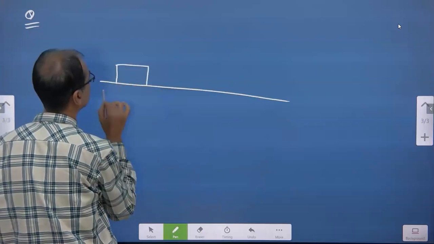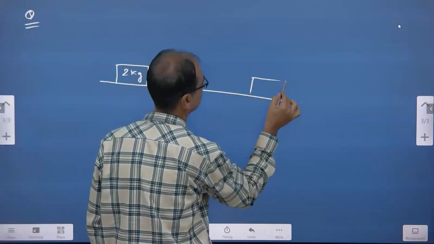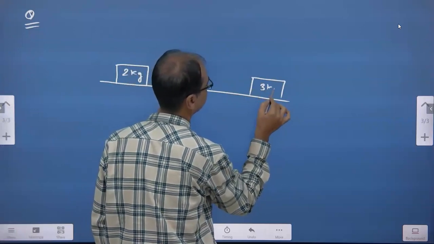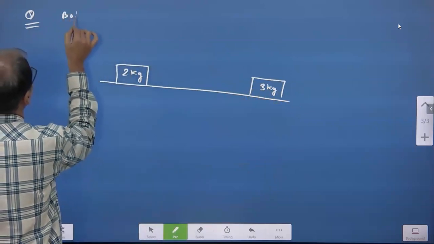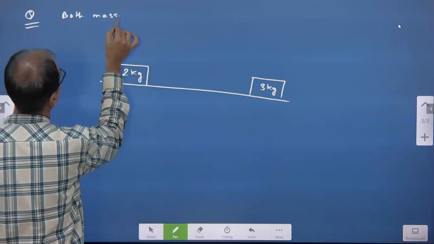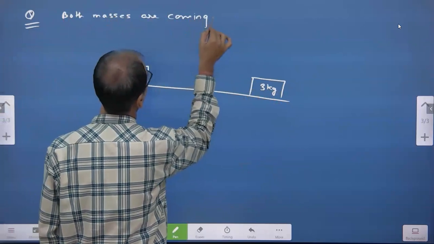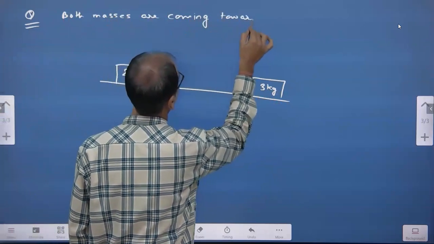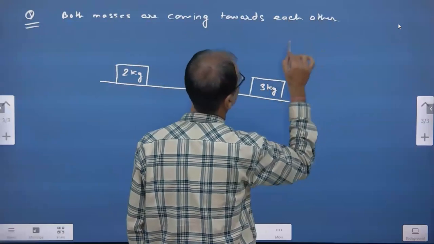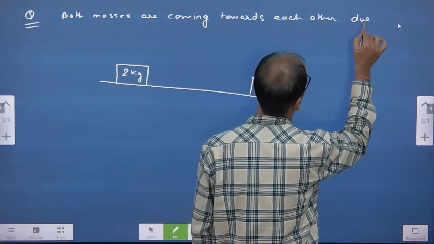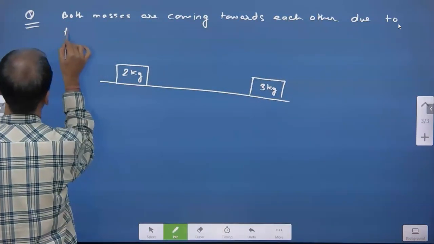Two masses, let's say this is 2 kg and here is 3 kg. Okay. Question is saying that both masses are coming towards each other due to their attraction force.